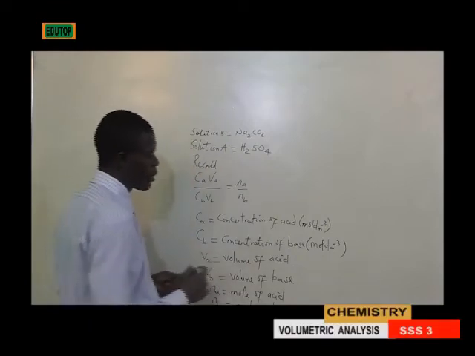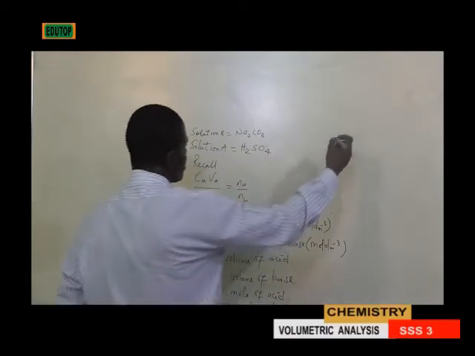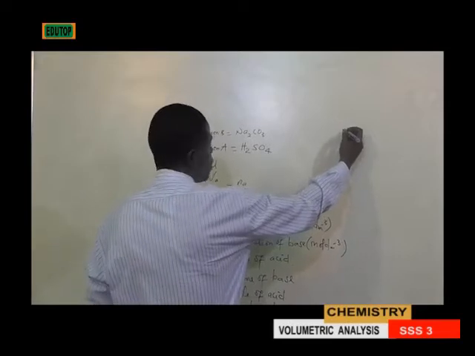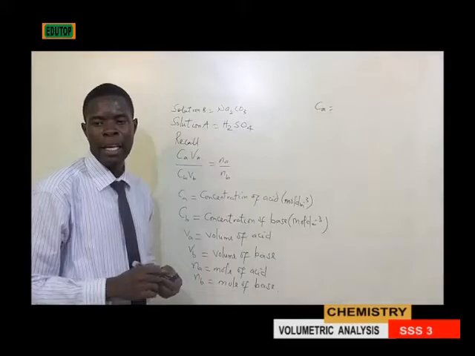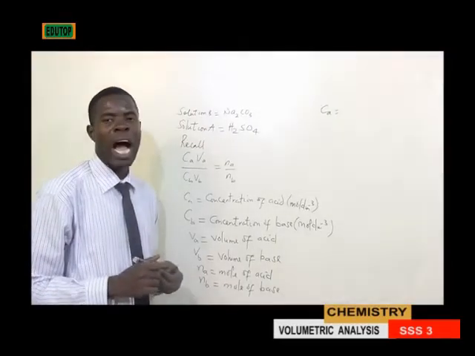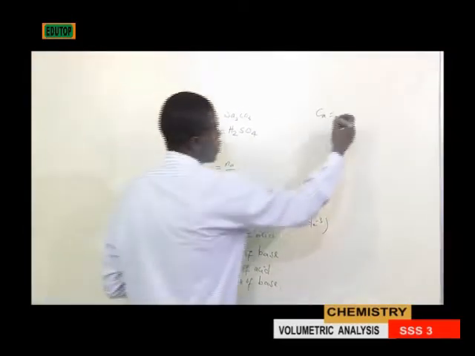Owing to this, it can be deduced from the calculation that Ca is what we are asked to look for. It is not given.